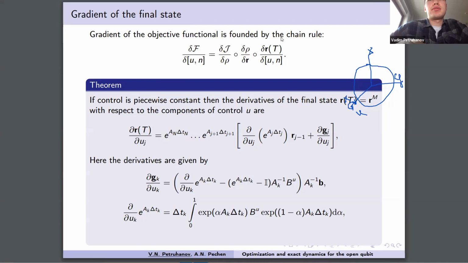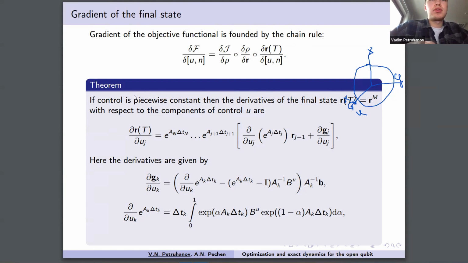So the last thing is to derive the gradient of the final state with respect to the controls u and n, which, if you use piecewise constant control, are just vectors in the space R^m.